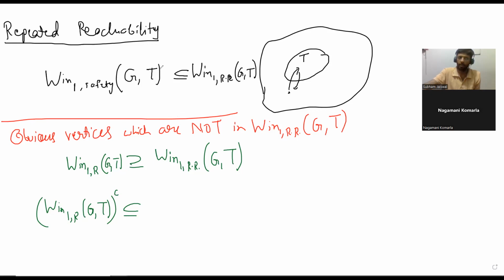What we are looking for is to know for sure which vertices are not in Win1 RR, so that we can delete those vertices and play the game on the smaller graph.